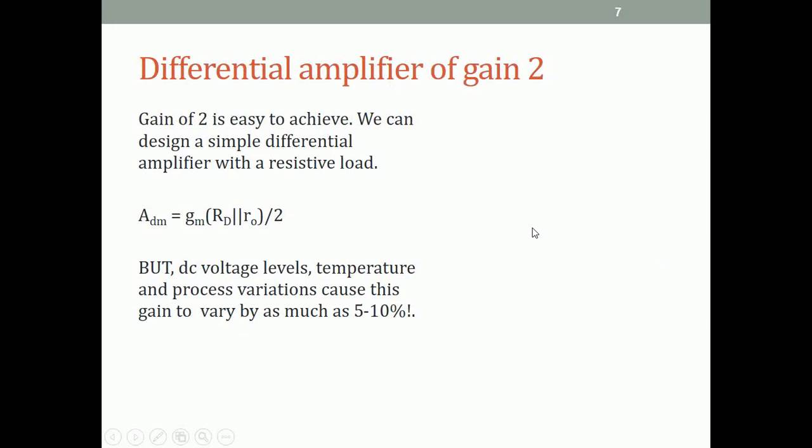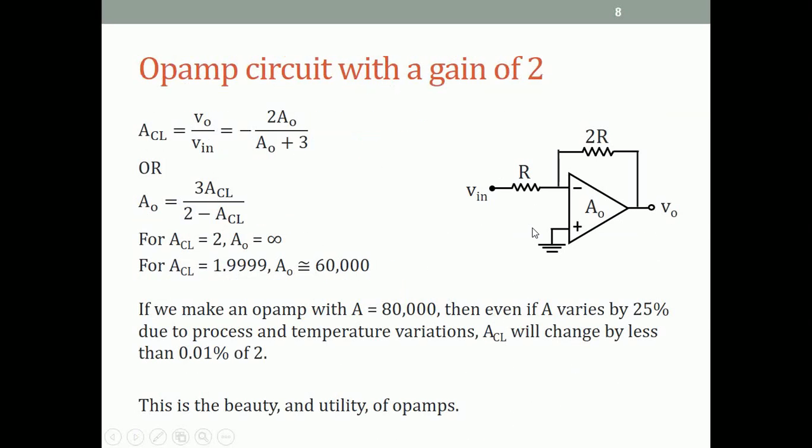We said this doesn't work, and this works, or it seemed like it worked. But the assumption under which this works is that this is exactly 2R and this is exactly R, so that 2R by R is 2.